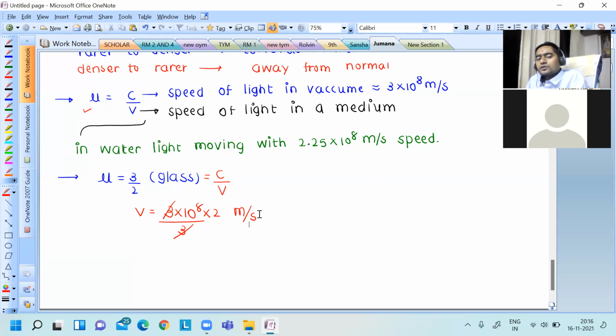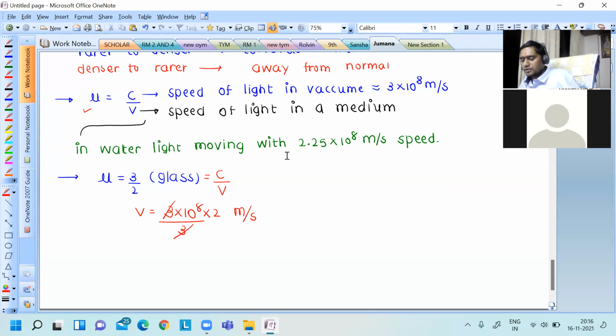So it means this glass is denser than water. If the speed of light in a medium is less, then that medium is considered a dense medium. Because of that optical density, light is bending too much, and because of that bending, it reduces its speed. If bending is less, then it's an optically rarer medium, and the speed of light doesn't change that much.